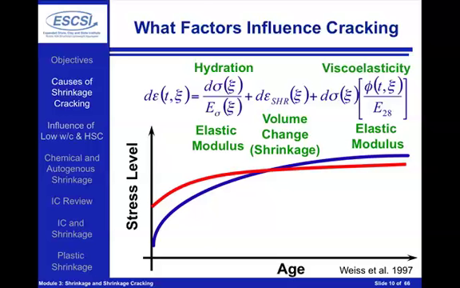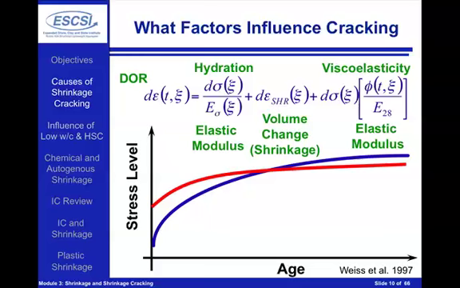We're going to see that the viscoelastic term plays a very large role here, where the more moist the system is, the more viscoelasticity we can expect in the system, the more stresses that are going to be relaxed out of the system. And the degree of restraint is also going to play a role in this picture. So it's simply not enough to just look at the shrinkage, but we can see the shrinkage is a major component, coupled with the elastic modulus and coupled with the viscoelasticity to determine the potential for cracking that develops in the system.